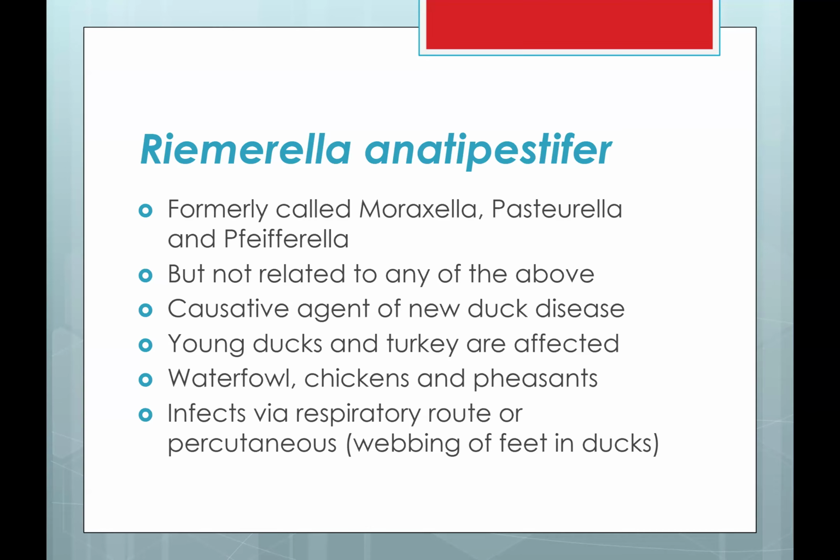But now it has its own genus, which is Riemerella. There is only one species you need to remember, which is Riemerella anatipestifer. And this is seen in ducks, no? So this is the causative agent of new duck disease. Mostly young ducks and turkeys are affected. So waterfowl, chicken, and pheasants can be affected.